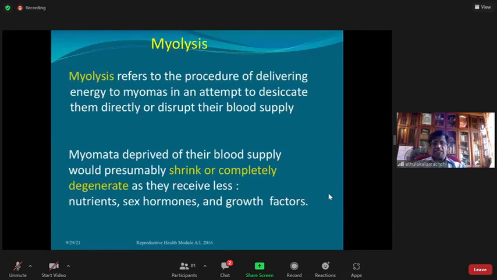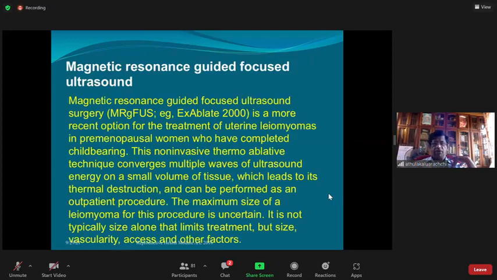Rare techniques are either burning the fibroid or myolysis. Okay, and there are certain new techniques that have come. If you look at some of the treatment that is available for cerebral tumors, meningiomas, like stereotactic radiosurgery, here also you can use magnetic resonance guided ultrasound surgery.